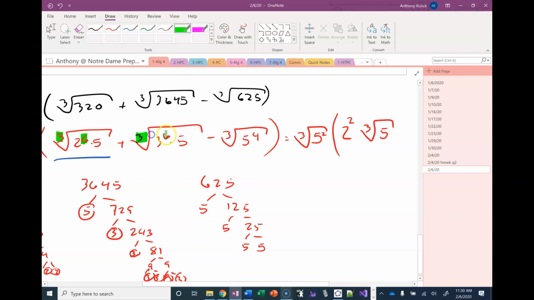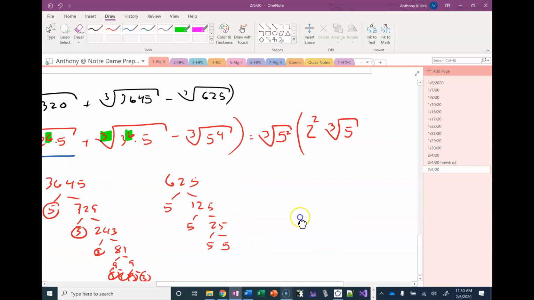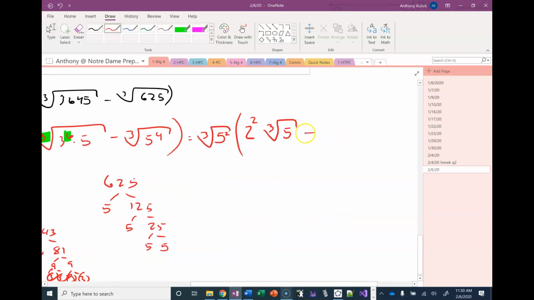Similar thing is happening here. I can take 2 3's out and have just the cube root of 5 left. And the last one, if I compare the exponent to the index, 4 is bigger than 3.